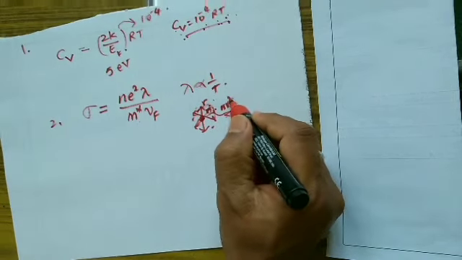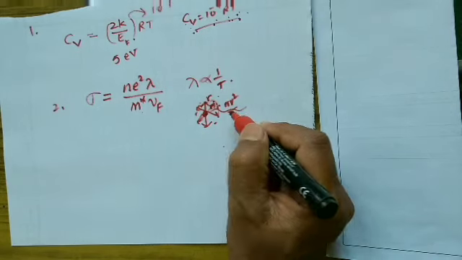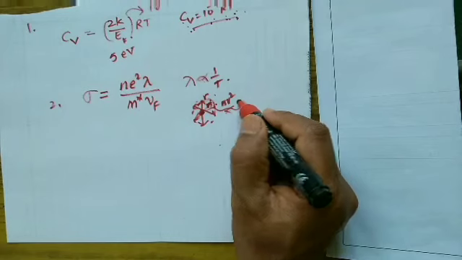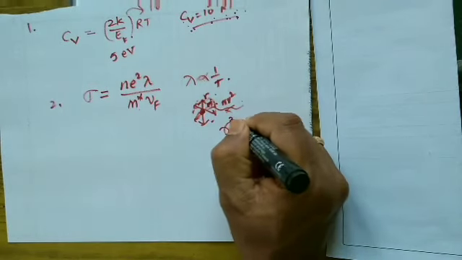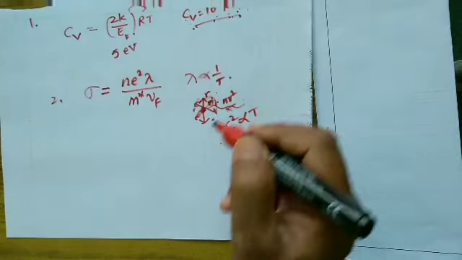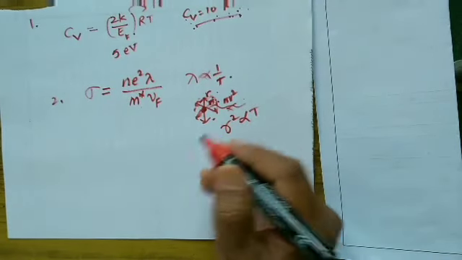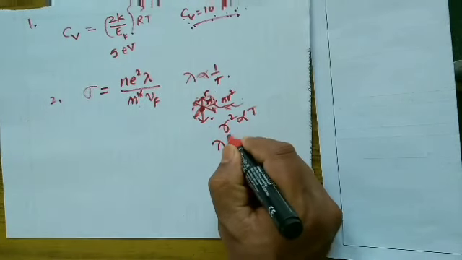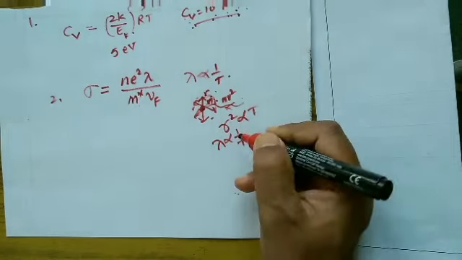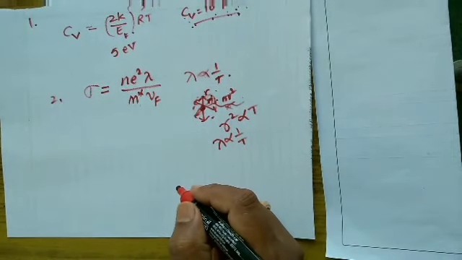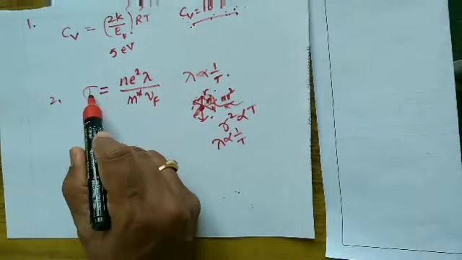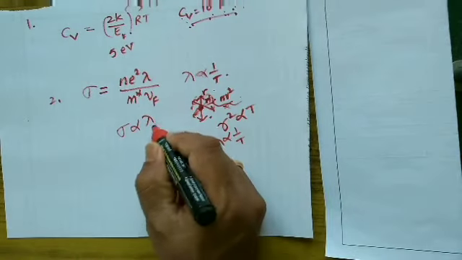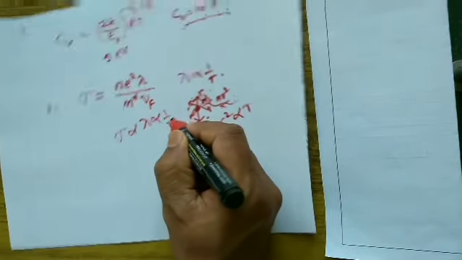With increasing temperature, pi r square will also increase. That means r square will be directly proportional to temperature. This can decrease the mean free path of the electrons. That means lambda will be inversely proportional to absolute temperature. In this relation, we are observing that sigma is directly proportional to lambda. If lambda is inversely proportional to T, then sigma must be inversely proportional to absolute temperature.